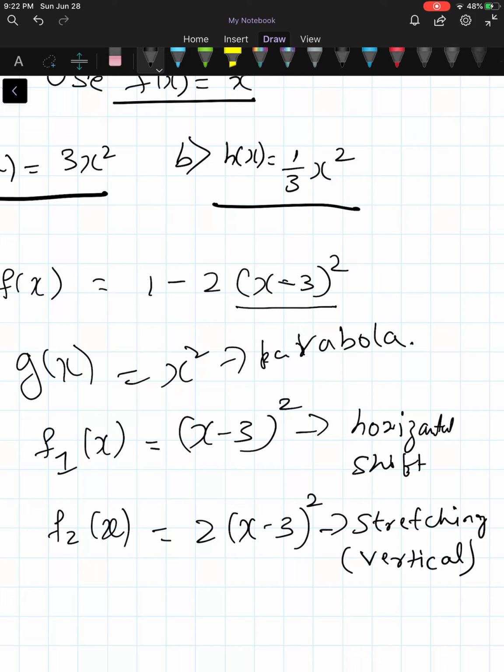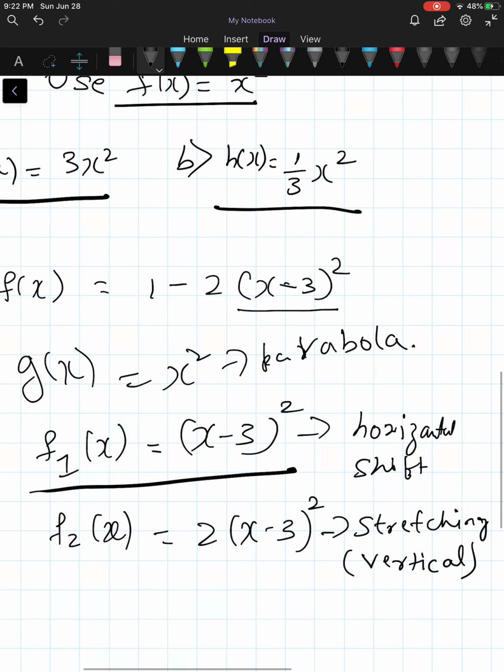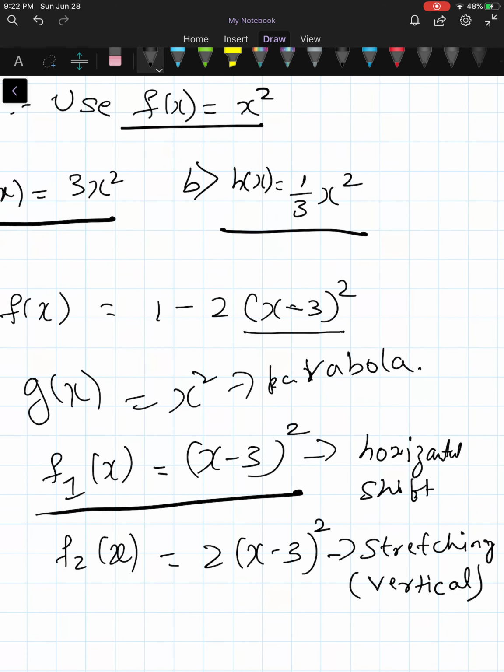Because 2 is greater than 1, you are multiplying the functional values by a value that is greater than 1. Therefore you stretch the given, already horizontally shifted graph vertically. That would be the second transformation.